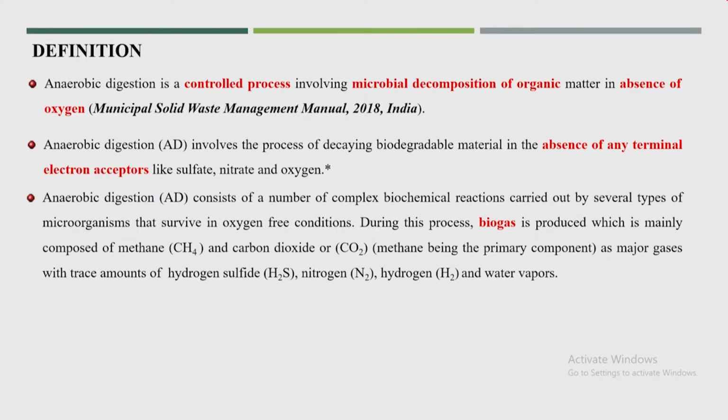Anaerobic digestion consists of a number of complex biochemical reactions carried out by several types of microorganisms that survive in oxygen-free condition. During this process biogas is produced, which is mainly composed of methane and carbon dioxide as the major gases, with trace amounts of hydrogen sulphide, nitrogen, hydrogen and water vapor, but the major components are methane and carbon dioxide.